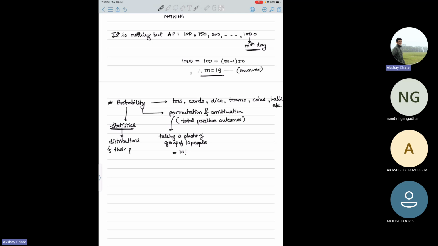So properties include expectation, which is also called mean, or variance, or standard deviation, or skewness. So this part is, I would say, more important for this course rather than the probability part. But since the professor talked about it, I thought I'll just briefly touch upon it.